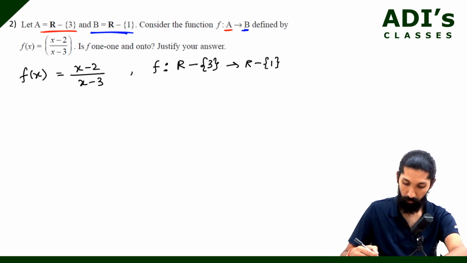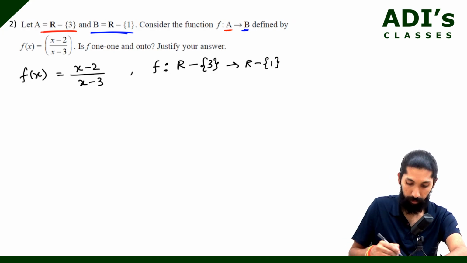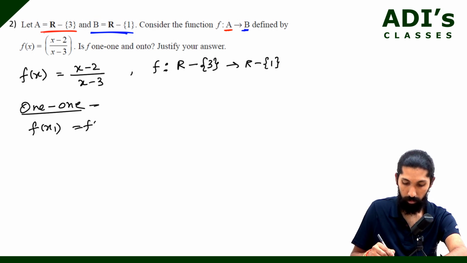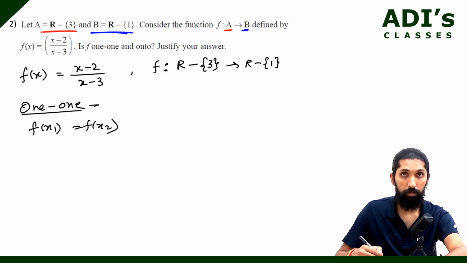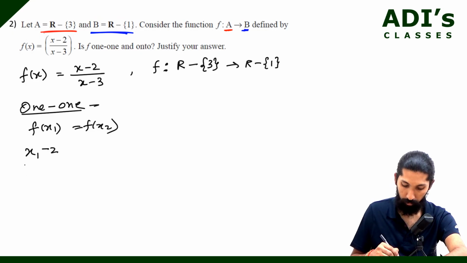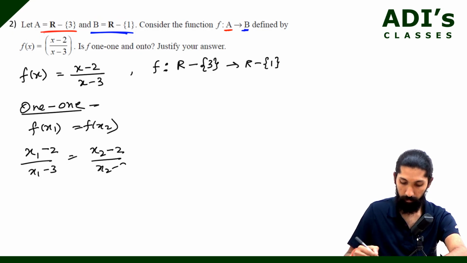Okay, now first we'll start with 1 to 1. Now when we have 1 to 1, f of x1 is equal to f of x2, and we need to prove that x1 is equal to x2, isn't it? So in this case, we can have x1 minus 2 by x1 minus 3 equals x2 minus 2 by x2 minus 3.